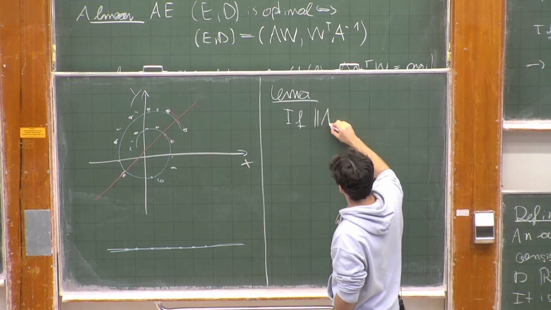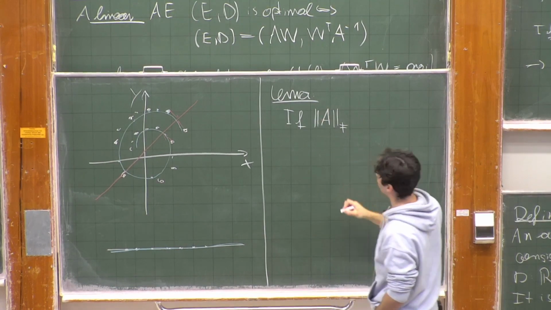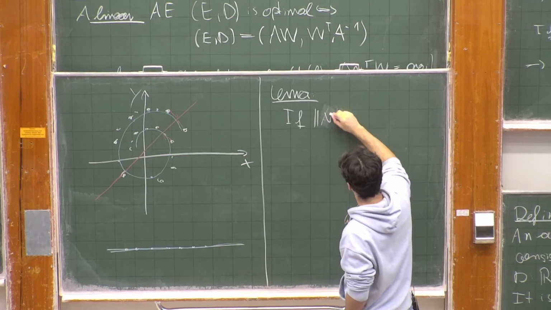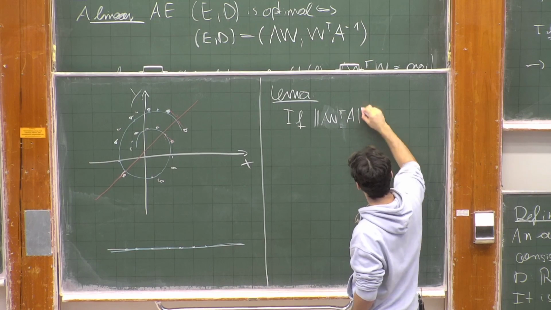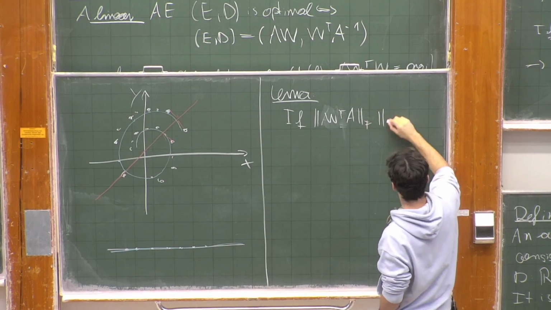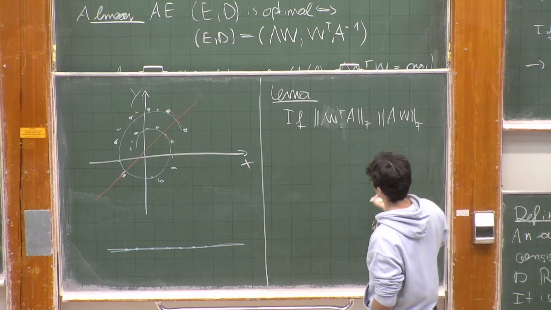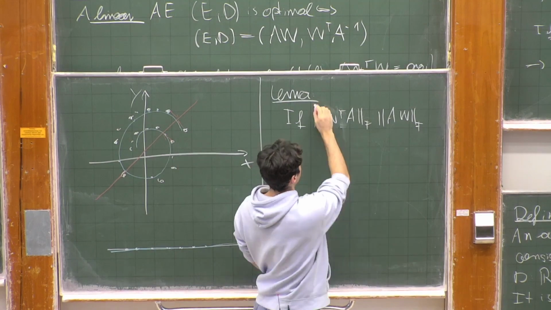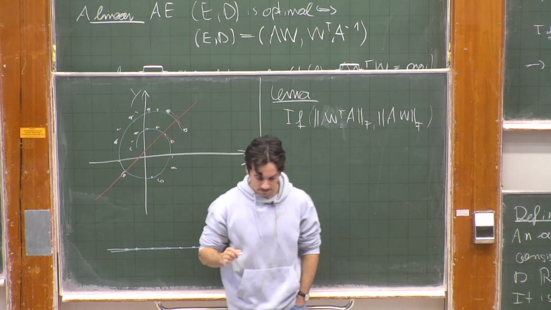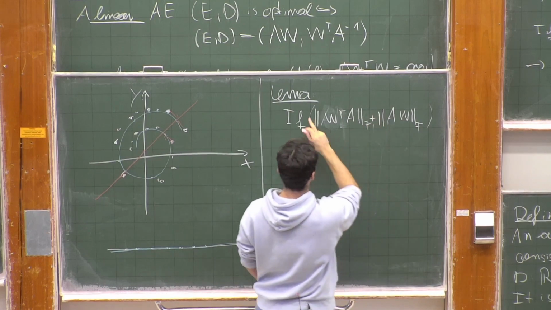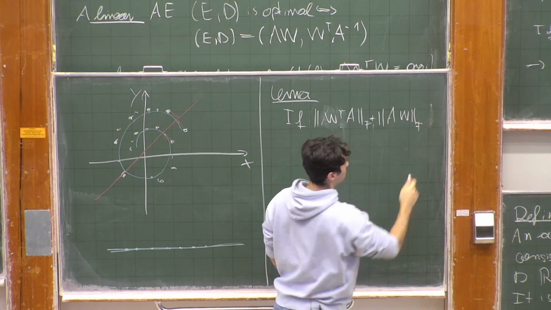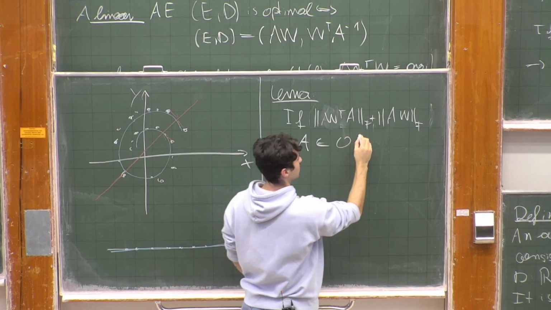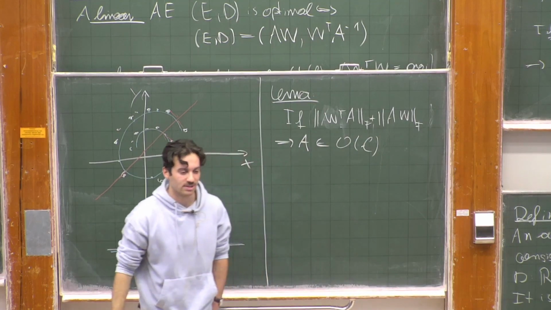And then if the Frobenius norm of W transpose A and A W transposed is minimized, so if they're both mutually minimized, or you can also say if their sum is minimized, then this implies that A is actually an O of L, so it's either a rotation or a reflection.